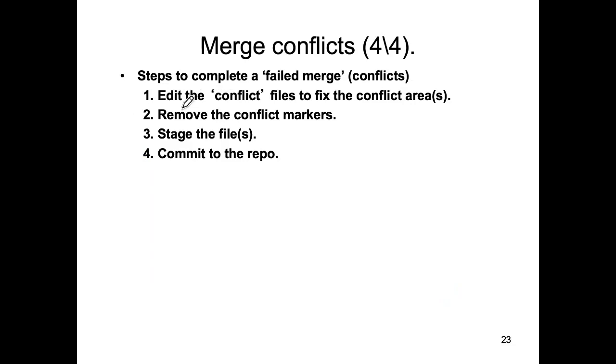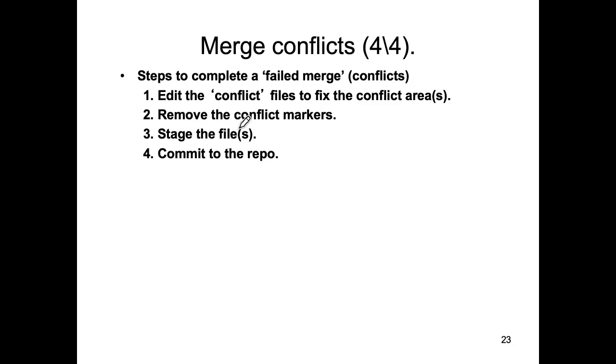We need to make sure that we remove the markers from those conflicting files when we're happy that we know what the resolution is. Because as long as those conflict markers remain in the file, Git will go looking for them, and if it finds them, then it won't allow you to progress any further. So you've got to remove those conflict markers, and then you simply do a staging and committing as before. Git add -a, git commit.